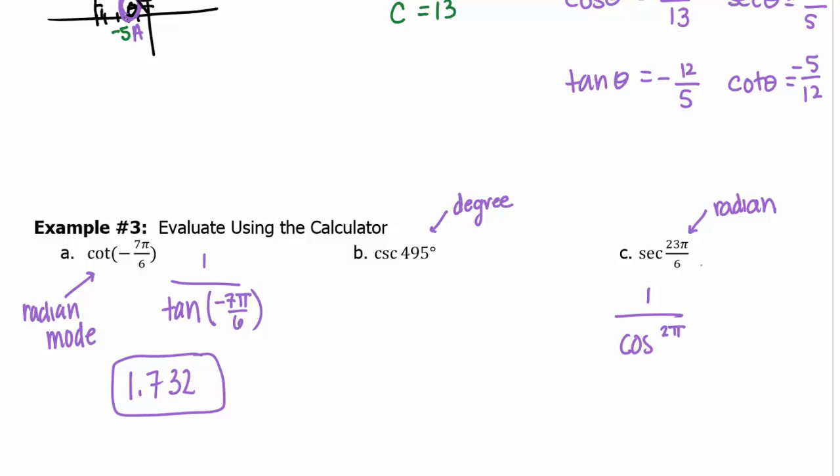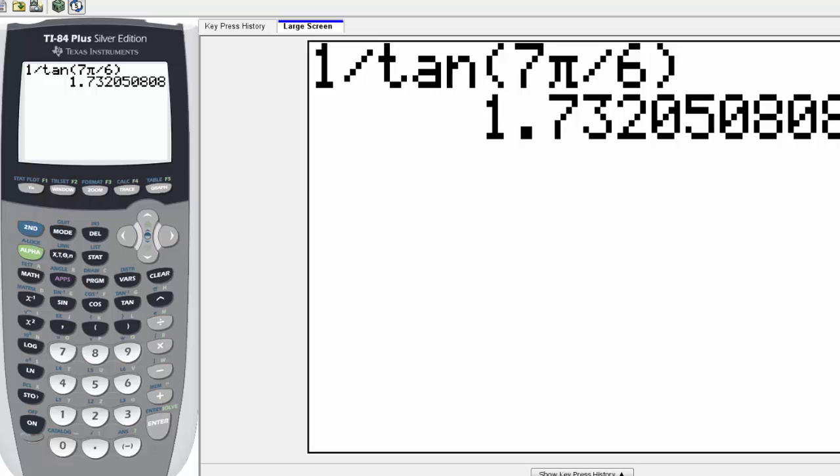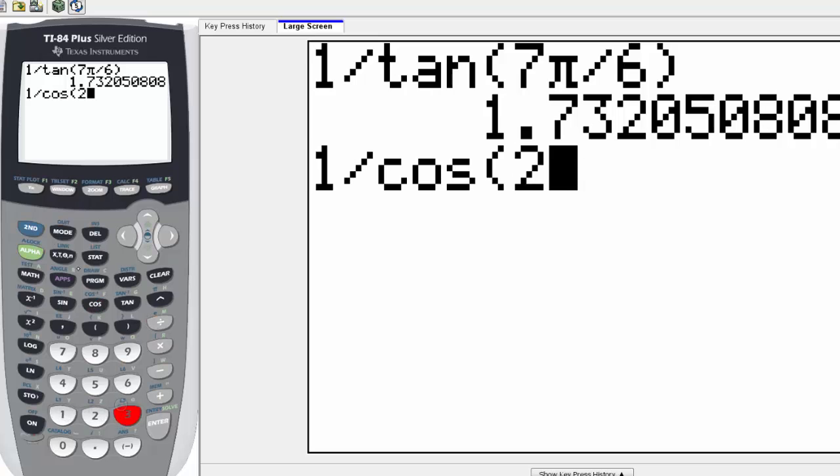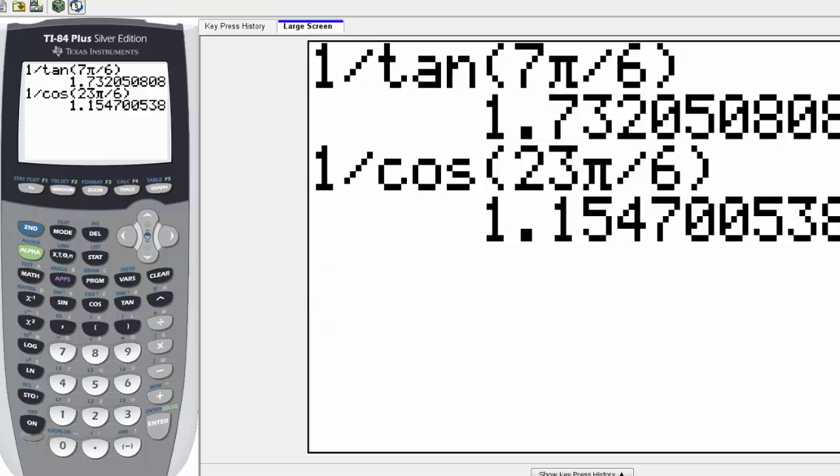So 23 pi over 6. Because again, we don't have buttons for secant. This is a reciprocal function. So 1 over the cosine of 23 pi over 6. You get 1.155.